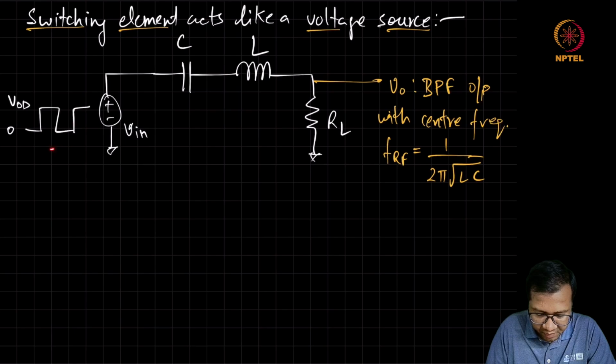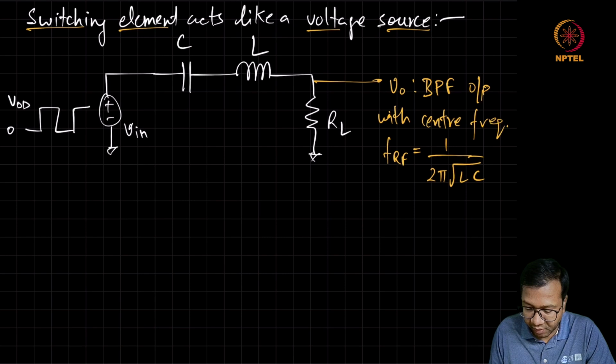So we can start with this square wave voltage source, and output will look like sinusoid because all the harmonics are going to be filtered out by the bandpass filter.